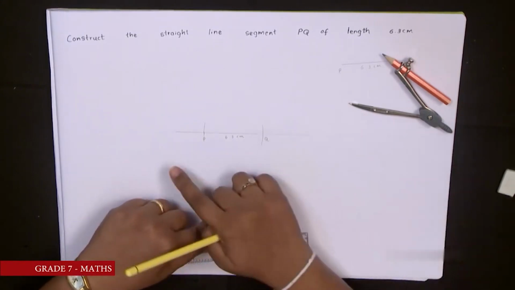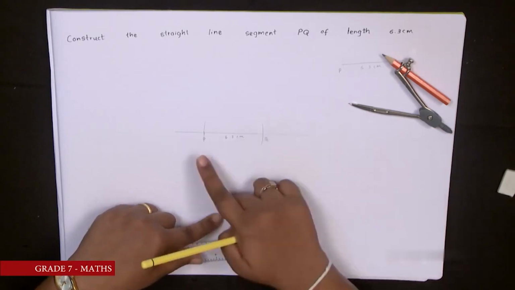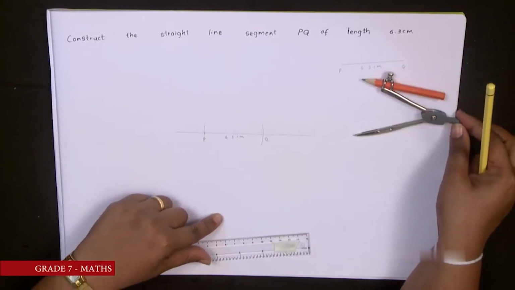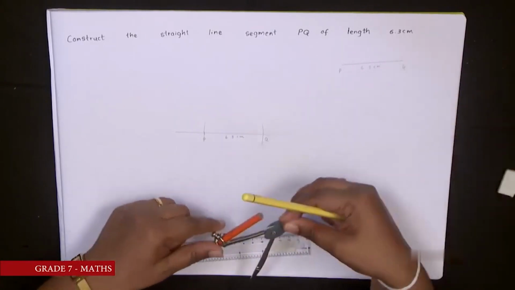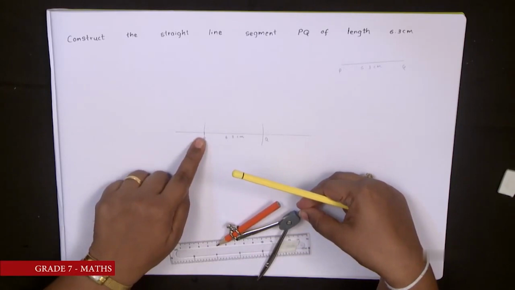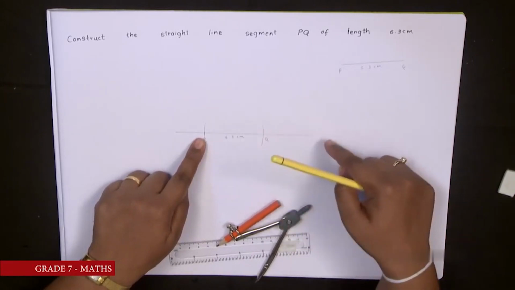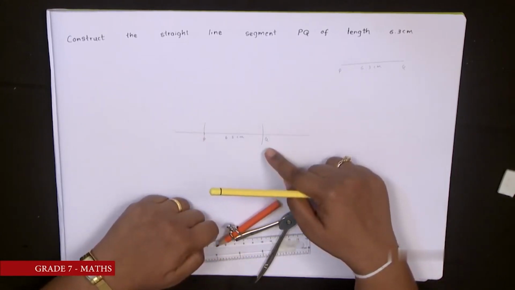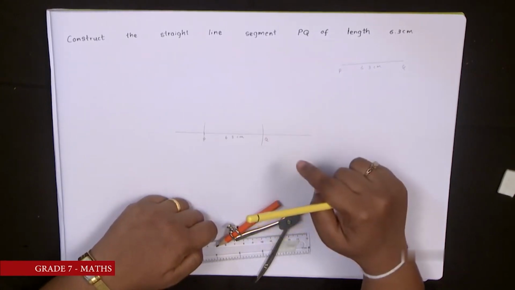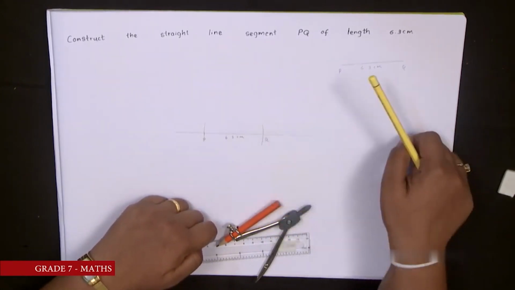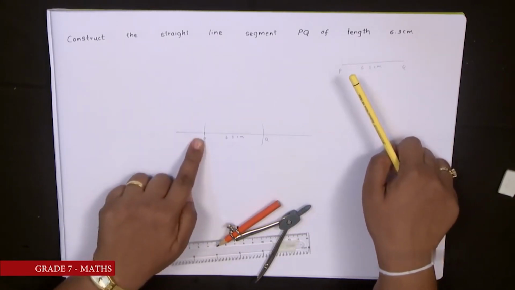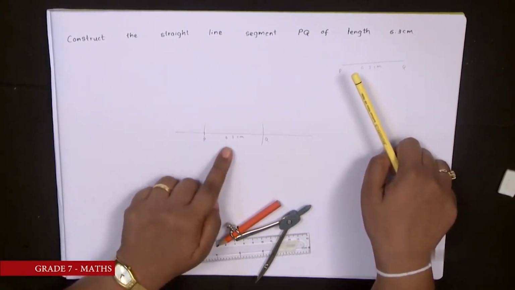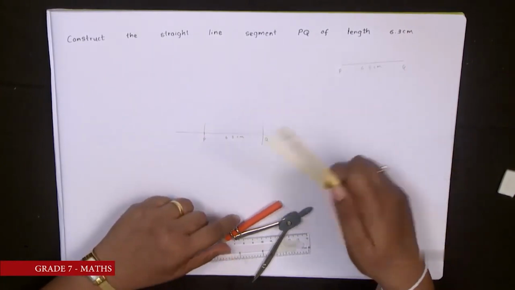Right. Once again, I have drawn a straight line segment, marked a point and named it as P. Then I took 6.3 centimeters to my pair of compasses, placed my pair of compasses on P, drew an arc to intersect the straight line segment and constructed the point Q. Without changing the distance, once again I placed my pair of compasses on Q, drew an arc to go across point P. Finally, I have written the length of the straight line segment PQ.